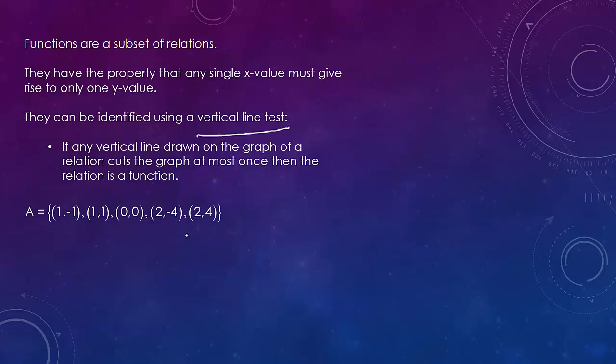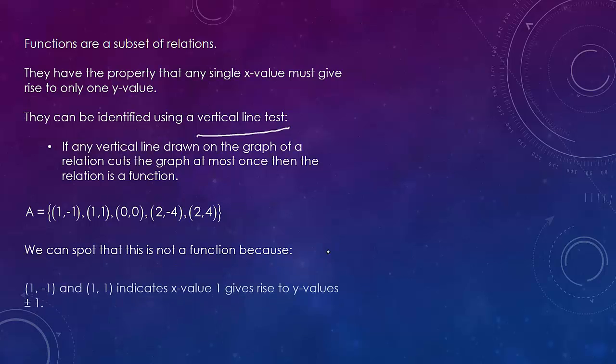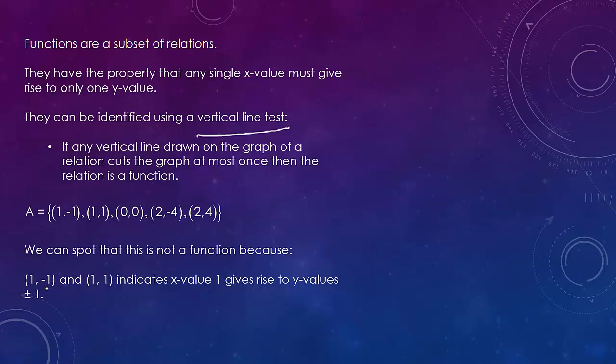So let's consider the set A that we had before. We can spot that this is not a function because 1, -1 and 1, 1 indicate x value 1 gives rise to y values positive and -1.